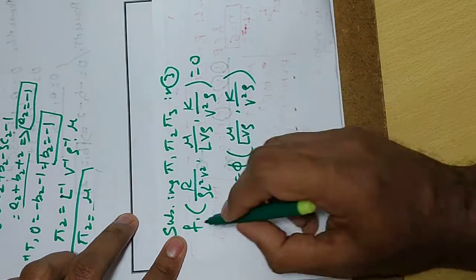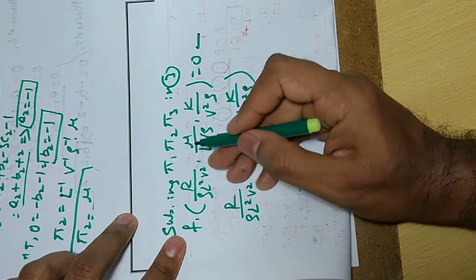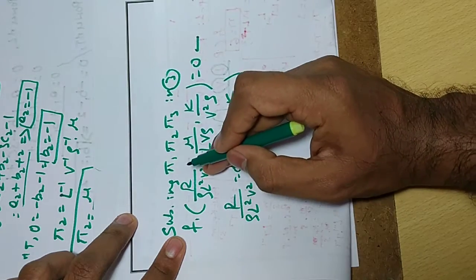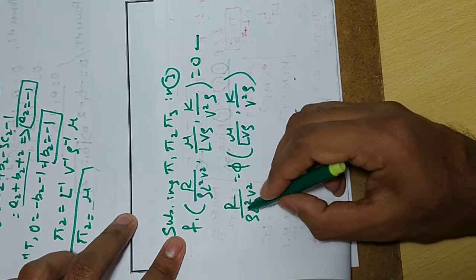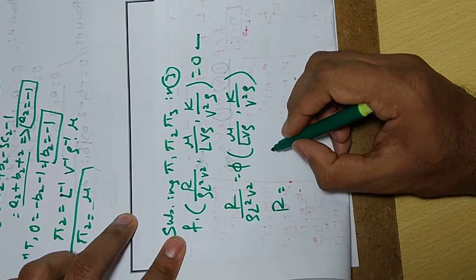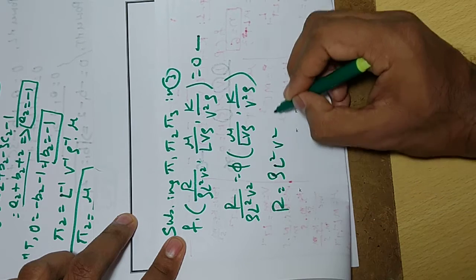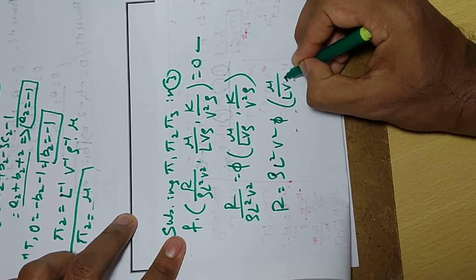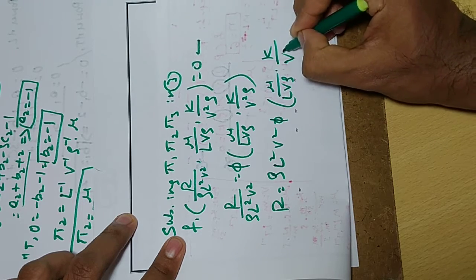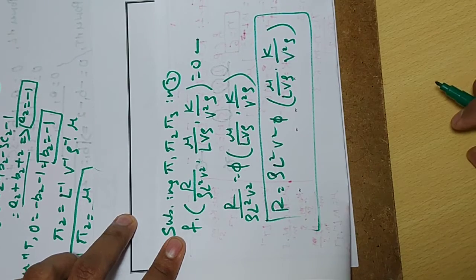So the final step: the dependent variable is kept on the left hand side, and the remaining things are taken to the right hand side, multiplied by one constant term. Then r is equal to rho L square V square pi into mu by L V rho into k by V square rho. This is your final answer.